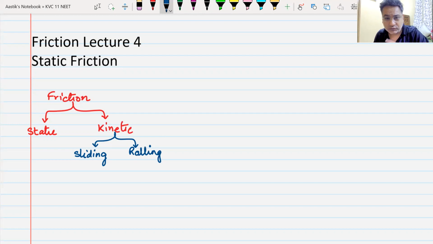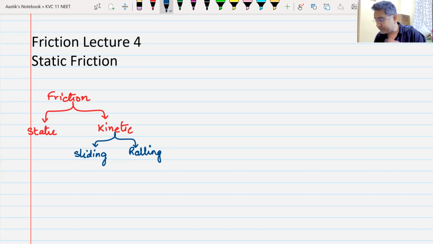Now, out of these two, whatever we had done in the previous classes, we had only done one type of friction. Can you tell me which type of friction we had done in the three lectures? We have done kinetic friction, but out of that there are two types, sliding and rolling.